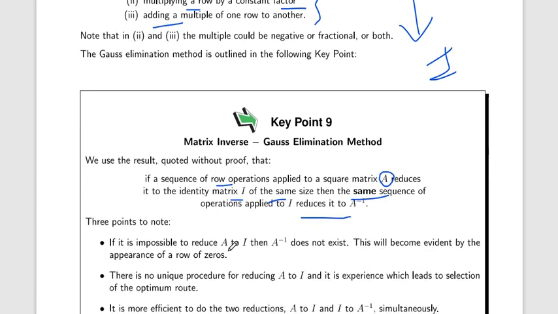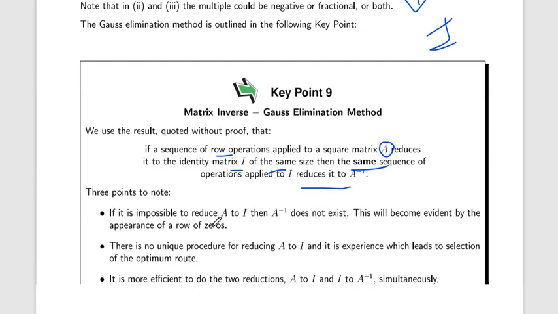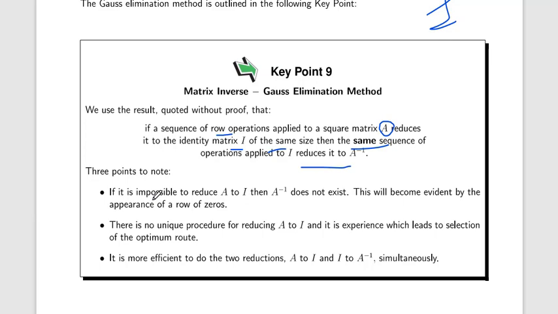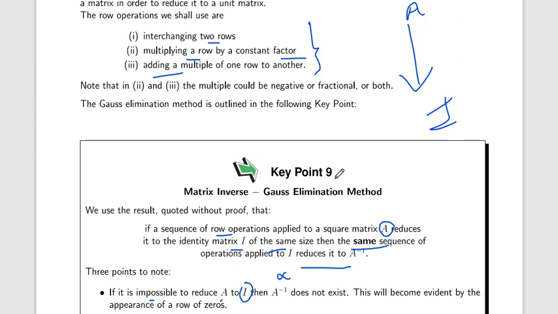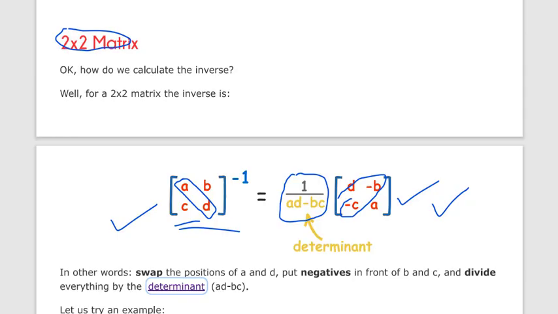Now there are some notes. If it is impossible to reduce A into the identity matrix, then A inverse does not exist. Like in a 2 by 2 matrix, we already saw that if the determinant of the matrix is equal to 0, then we get 1 upon 0, which is not possible.